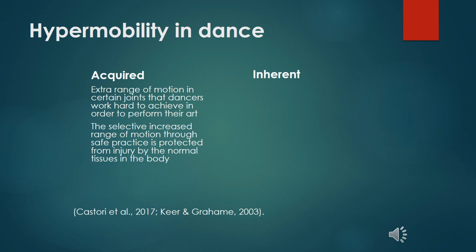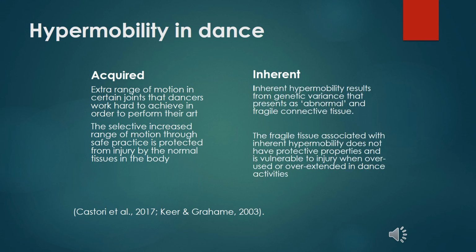And the selective increased range of motion through safe practice is protected from injury and instability by the normal tissue in the body. This is, of course, so long as the flexibility training conforms to safe practice and does not violate the tissue involved. Inherent hypermobility results from genetic variance that presents as abnormal and fragile connective tissue.